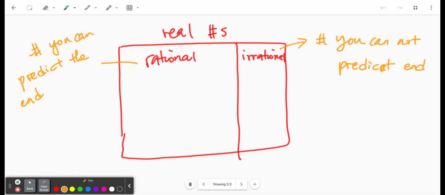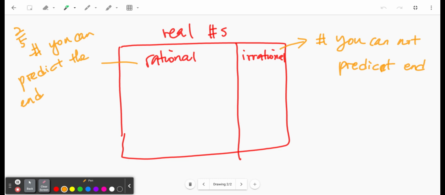For example, 2/5. If you put 2/5 in a calculator, everybody do that. What is it? 0.4. Can you see the end?